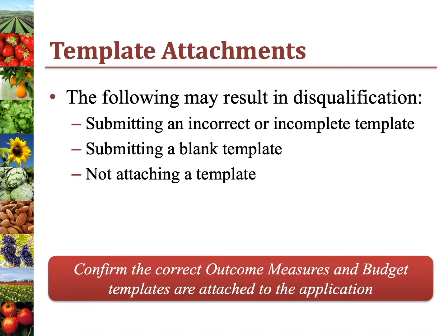For both the outcome measures and budget templates, there are a few specific issues to keep in mind that could result in the disqualification of your concept proposal application, such as submitting an incorrect or incomplete template, which would also include any modification of the templates, attaching a blank template by mistake, or forgetting to attach your template. Once again, please double check to make sure you attach the correct outcome measures and budget templates to your application before you submit.